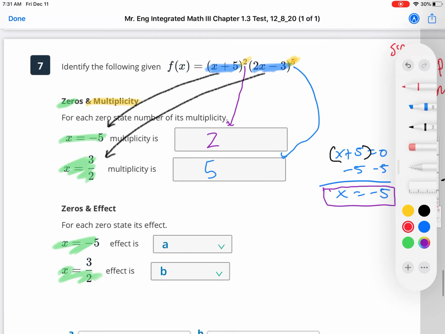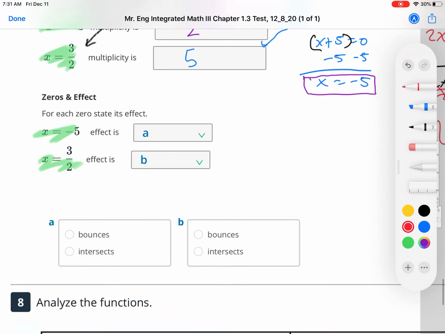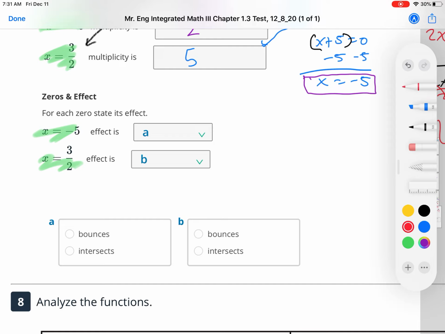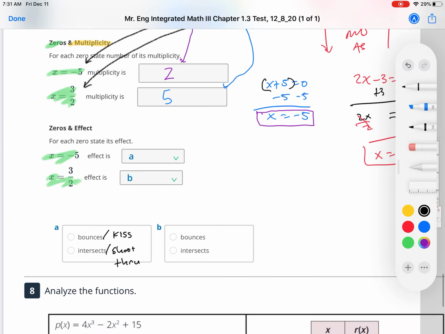Okay, for each zero, state its effect. So our options are bounces. In our class, we use something called a kiss. In intersects, we call this one shoot-throughs, because it shoots through the x-axis or it kisses the x-axis. So here in purple, is this number an even or an odd? 2 is even, and evens kiss.